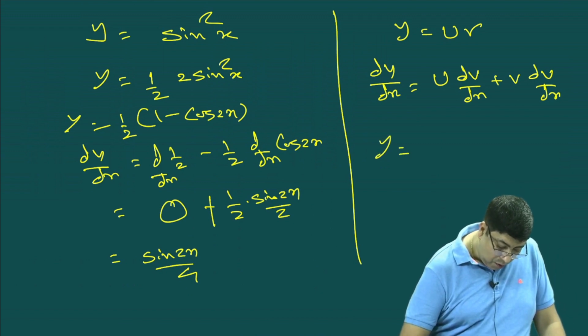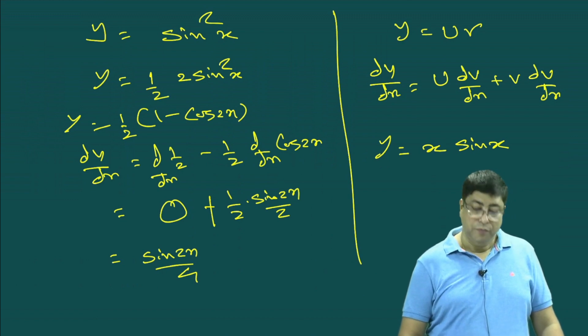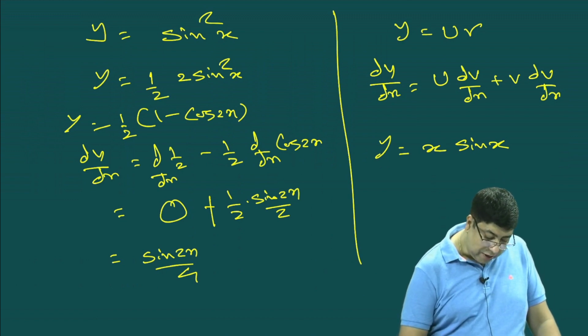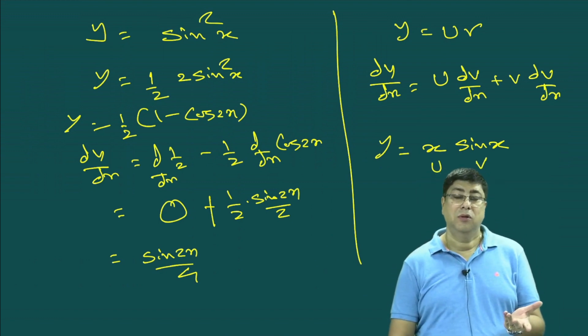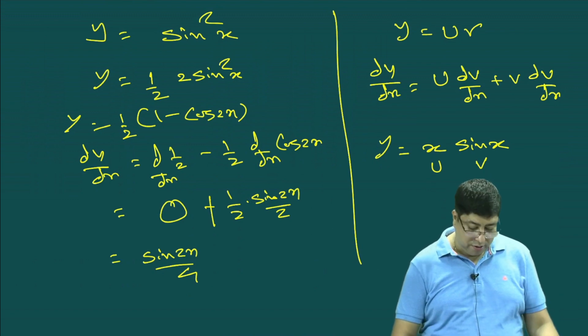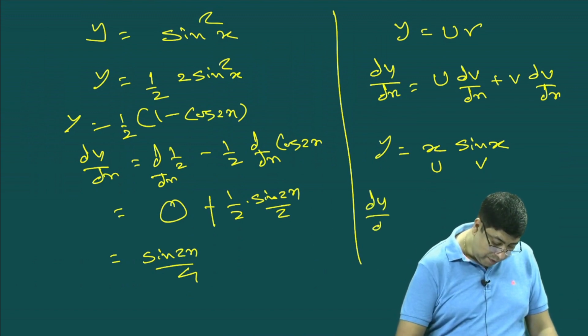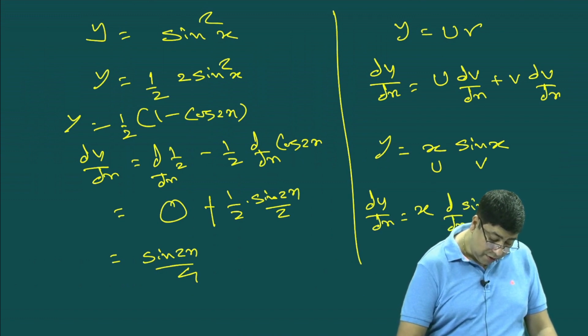For example, y equals x into sin x. You can take anything as u and anything as v. In this case, suppose we consider x as u and sin x as v. Otherwise you can take sin x as u and x as v. It will not make any difference. So in this case, apply d dx: u constant, derivative of sin x, plus sin x constant, differentiation of x.